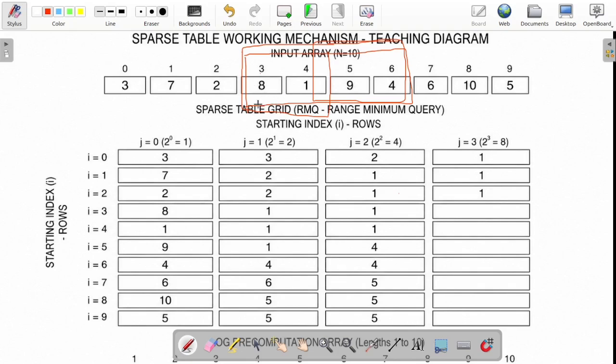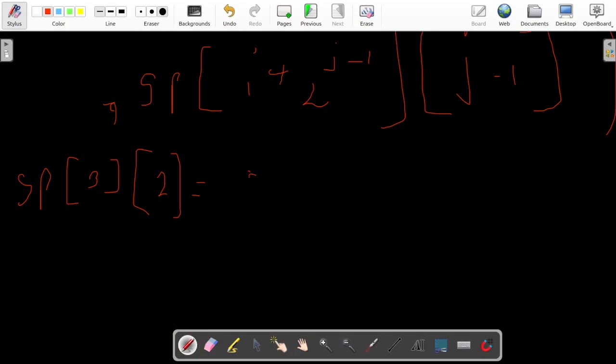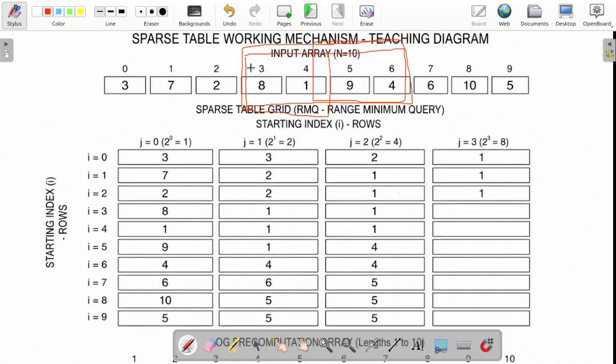From the third index, we will consider the first segment of length 2, which will be SP of the third index. We need to write 1 here because 2 to the power 1 is simply 2. Okay. This will consider this segment. And for considering the other segment, tell me one thing.